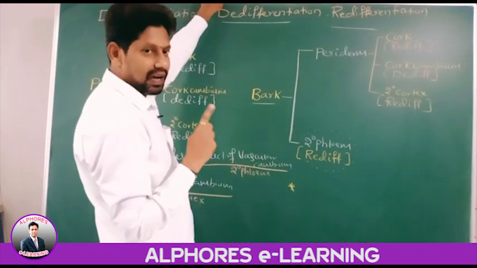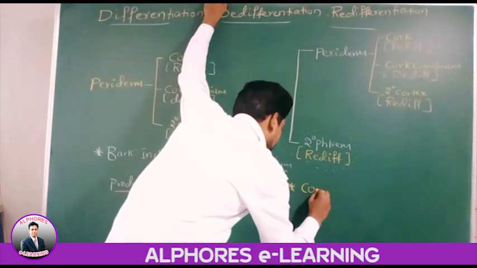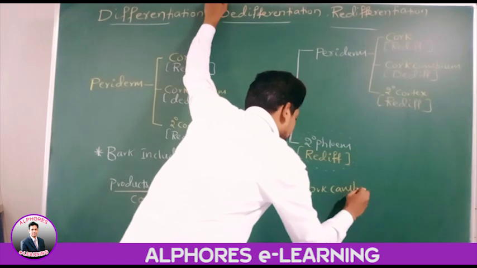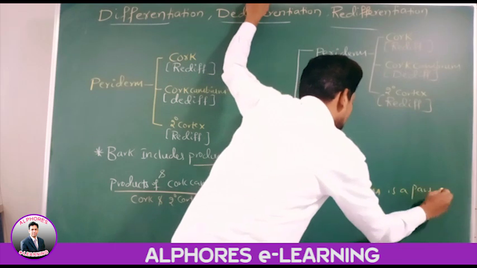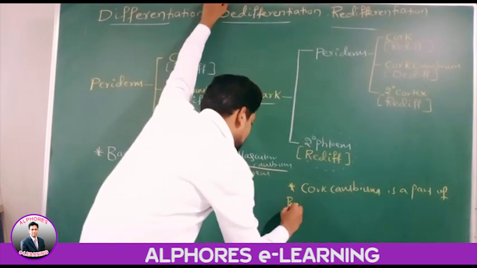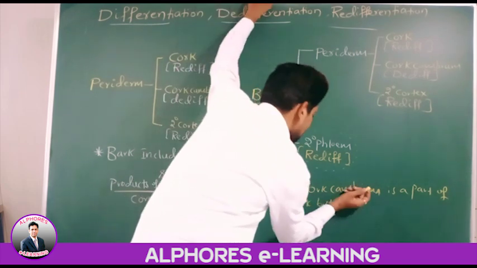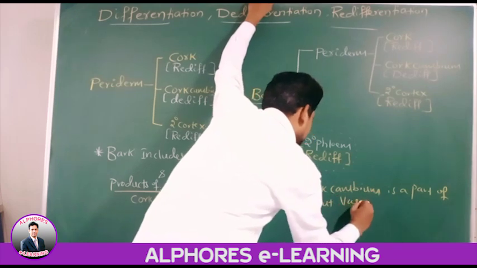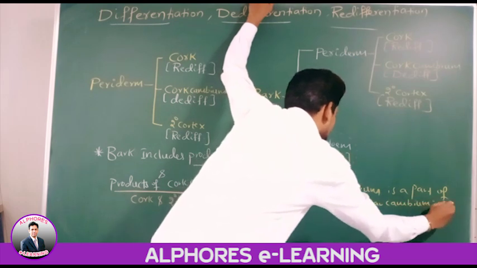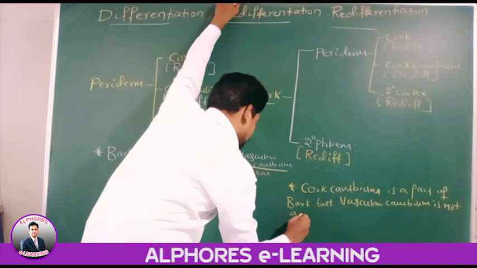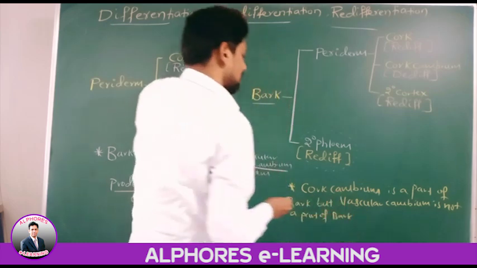Cork cambium is a part of bark, but vascular cambium is not a part of bark.